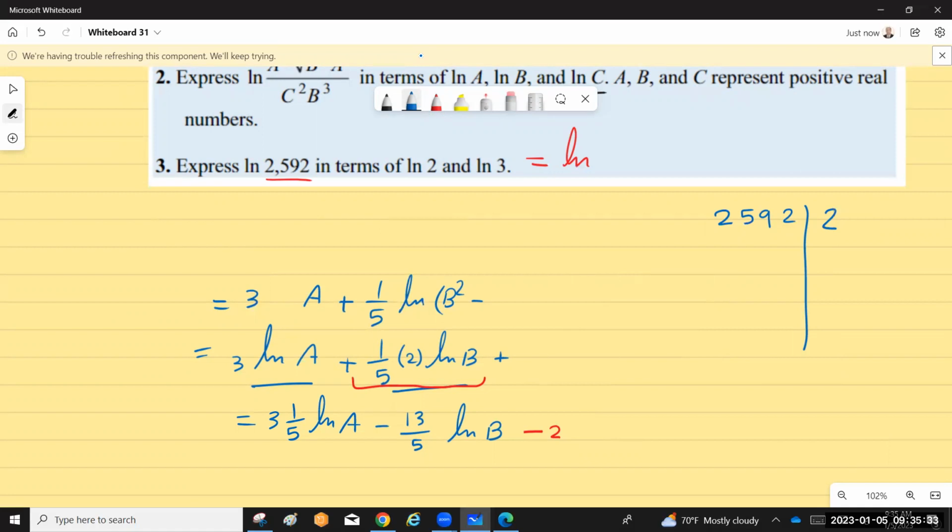2592 divided by 2, you get 1296, still divided by 2.